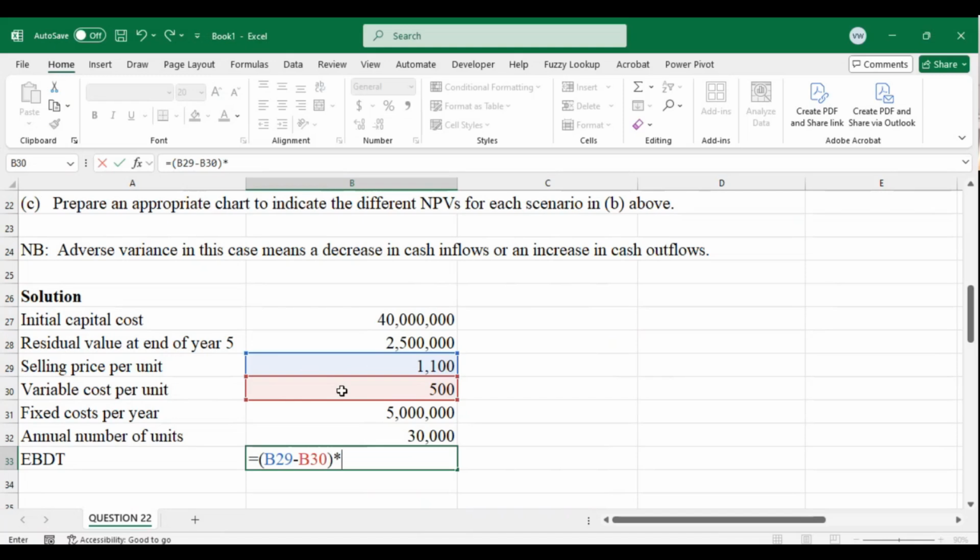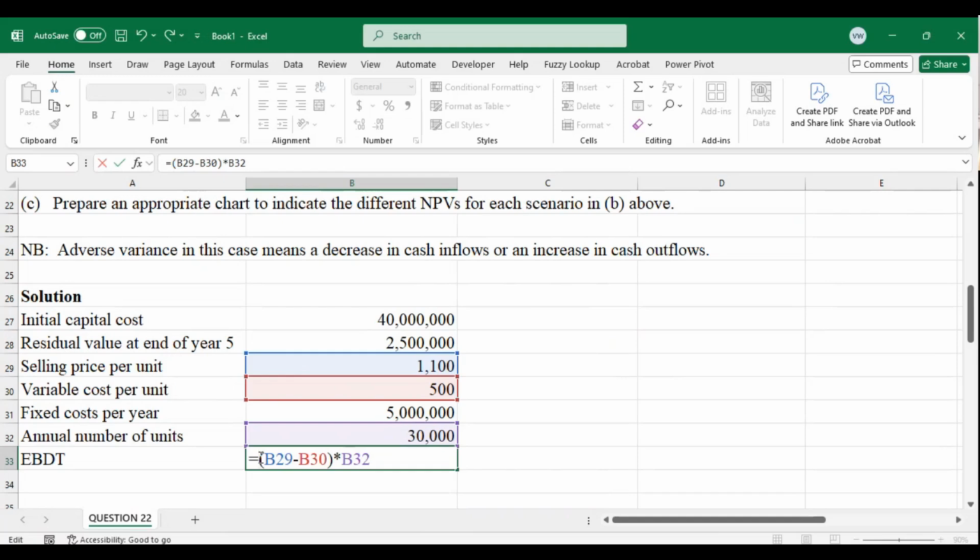Then I multiply by the units, which is 30,000. So when I take the selling price minus the variable cost and multiply by the units, I now get the total contribution. But I need to minus the fixed cost. Because of our understanding of BODMAS, if I want to subtract the fixed cost, let me introduce another bracket so that it becomes very easy.